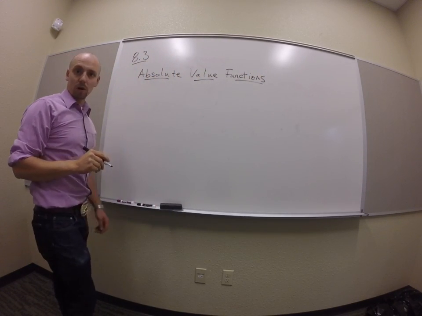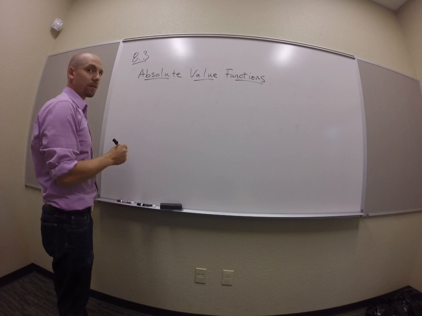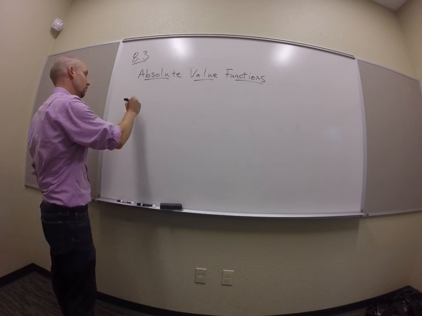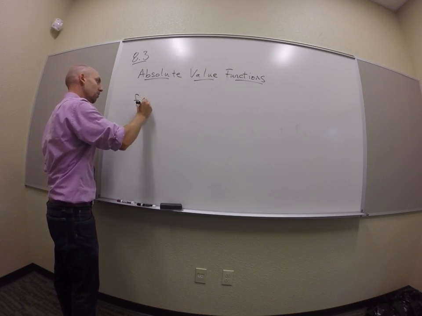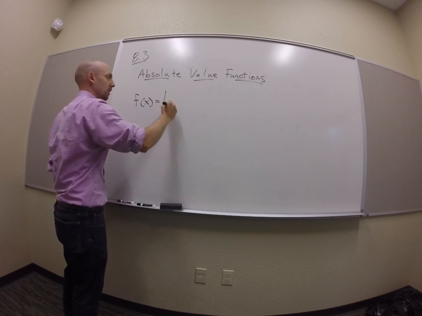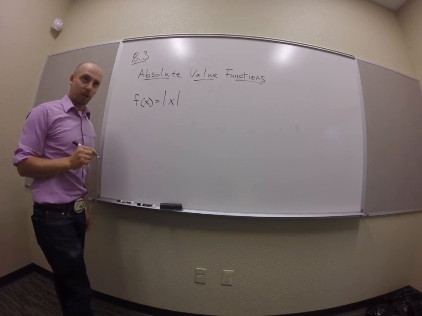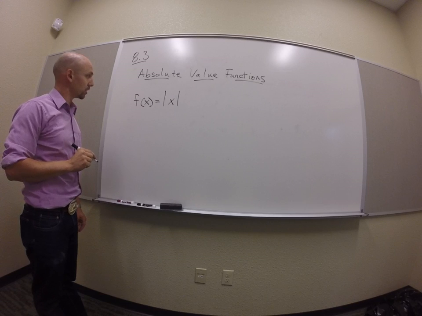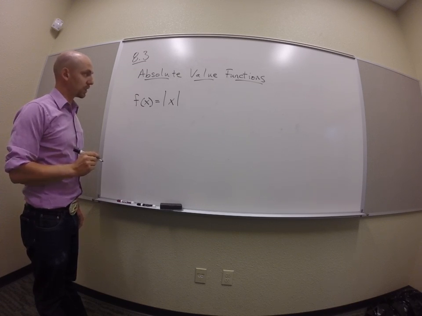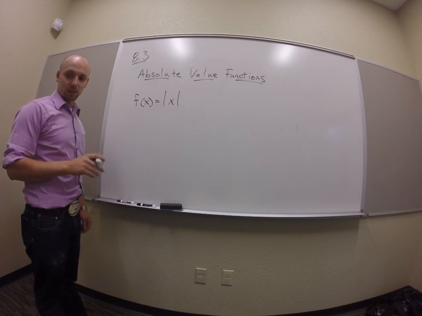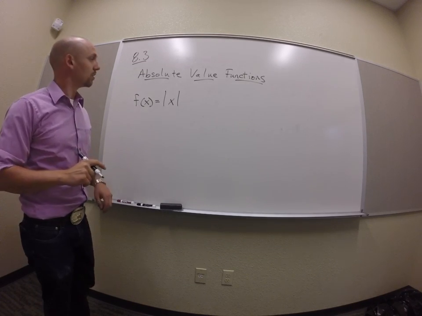Okay, so I'm hoping that we remember at least just the definition of what an absolute value does. So we talked about this a little bit earlier, but let's just pretend we haven't. So here's some symbols, and really what I mean by this symbol is the function that takes absolute value.